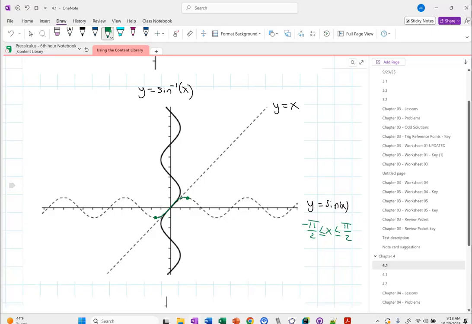What if I take just that part of y equals sine x? Now that covers all the possible y coordinates that y equals sine x can have, right? It covers all the y's between negative 1 and positive 1. And now if I do the inverse of that, I'm going to get the blue graph.